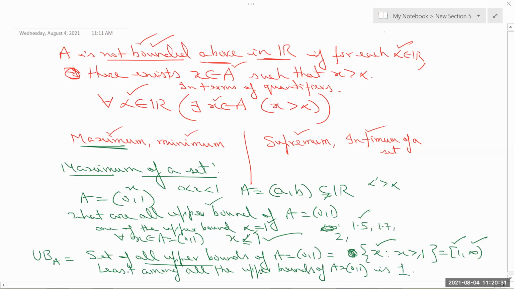And this least among all upper bounds will be unique, and whenever a set is bounded above, the least upper bound will be unique, and we will call it the supremum of the set. So the least among all upper bounds is called the supremum of the set. Okay, is this clear to everyone?